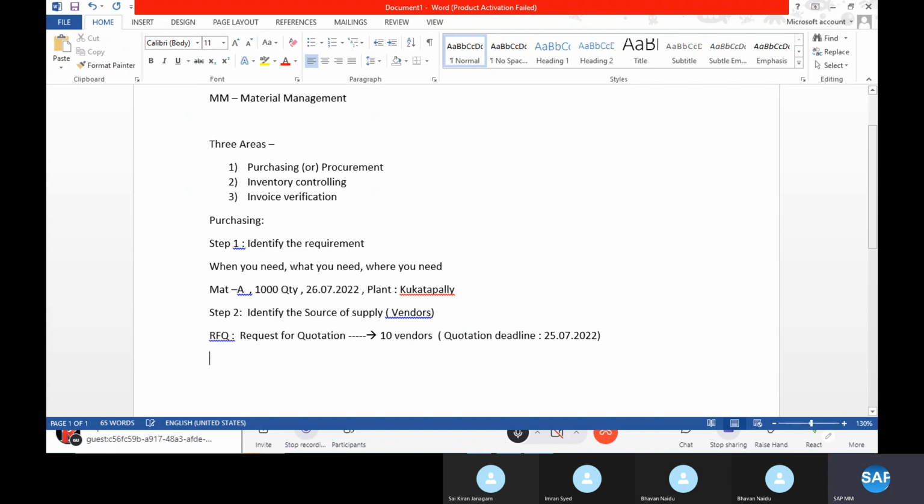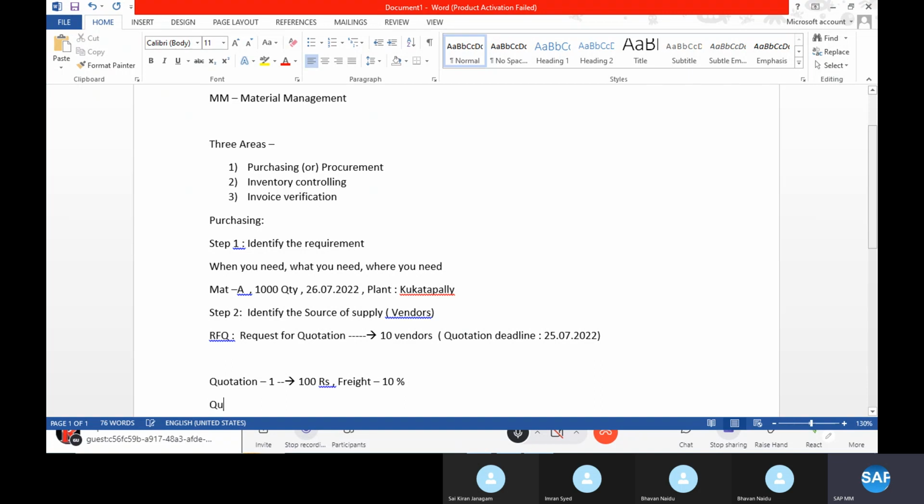Let's assume that we got the quotations. Quotation 1 with a basic price of 100 rupees, and he said that freight charges are extra, which is 10%.